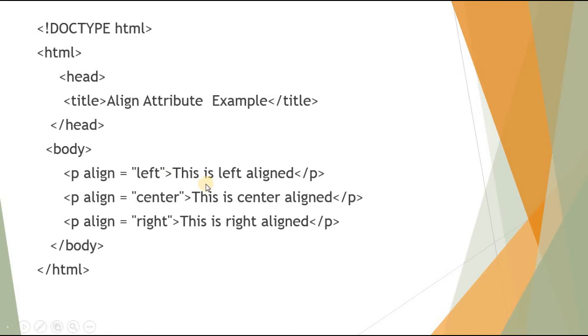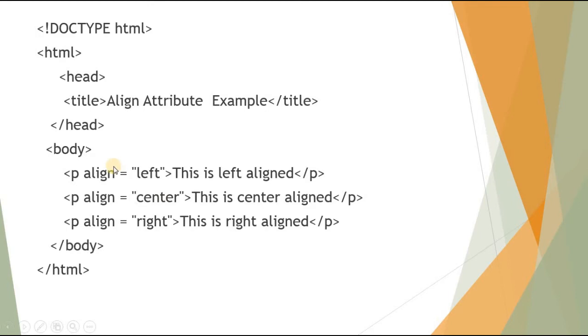Text will go to the left alignment of the page. In the second paragraph we used align as center, so the text inside the paragraph will go to the center of the page. In the third paragraph we used align as right, so the text inside the paragraph will go to the right side of the page.